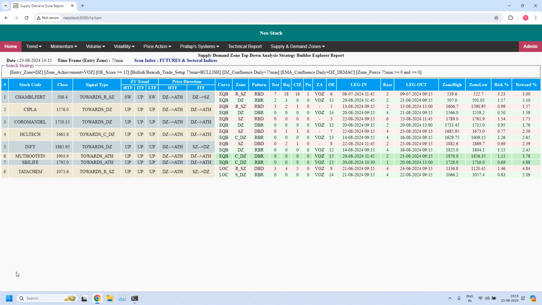Generally what happens? Prices will retrace in the bullish trade setup till the zone having EMA confluence. Then because the EMA is there, from there prices will again move up. So this is the reason why, if any of these stocks get into the daily zone where we have 75 minute zone confluence, we should not miss such kind of trades.